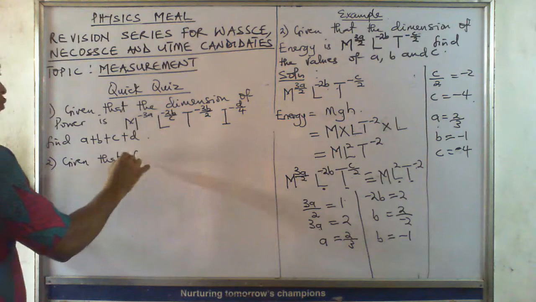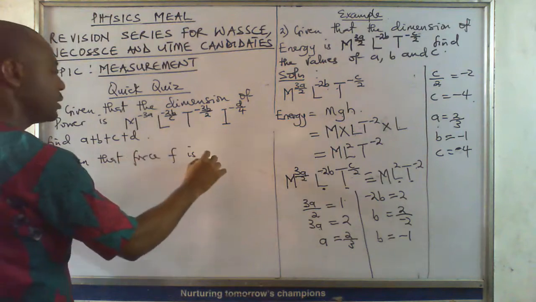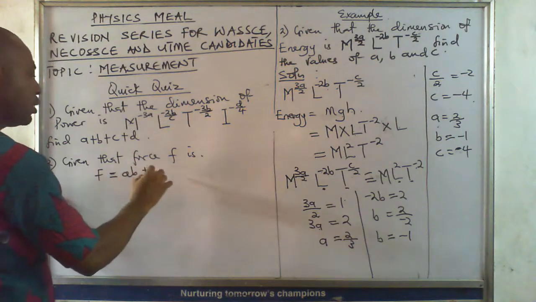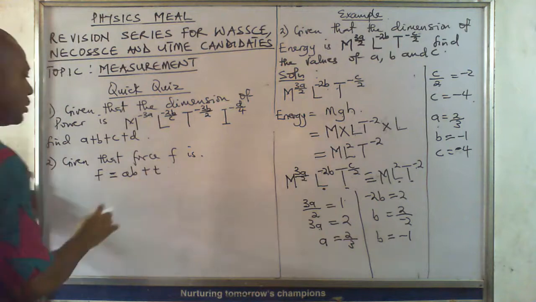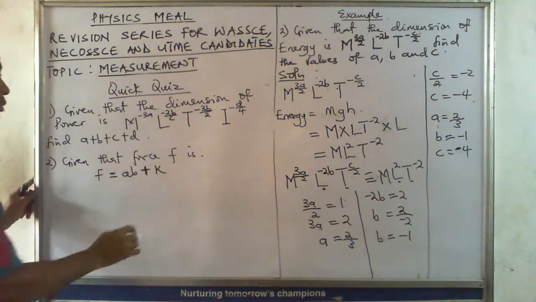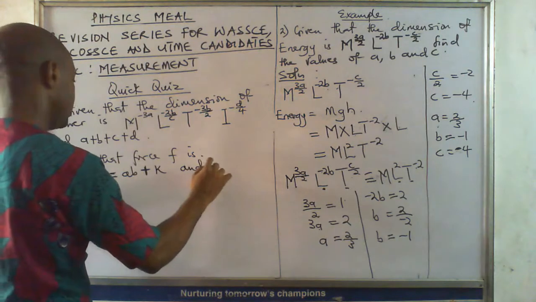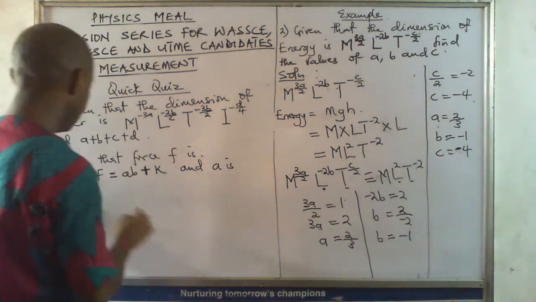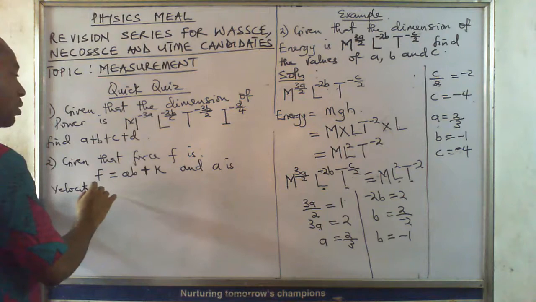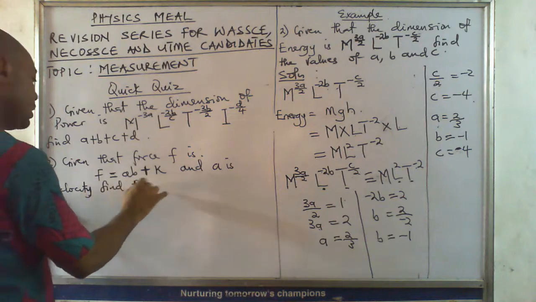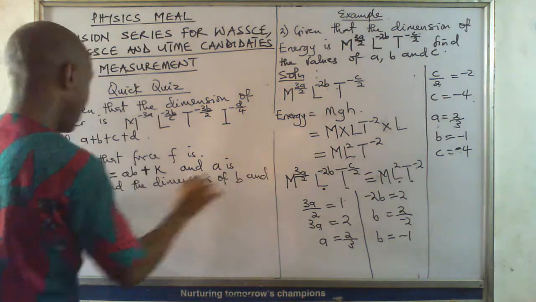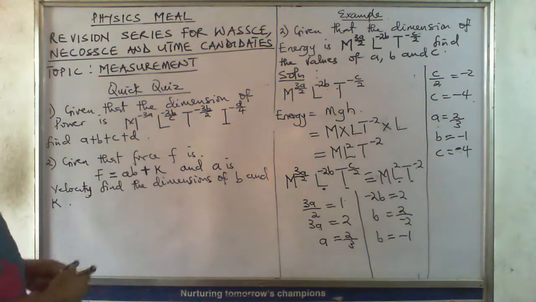Given that force F is F equals AB plus K, and A is velocity, find the dimensions of B and K. Oh, beautiful.